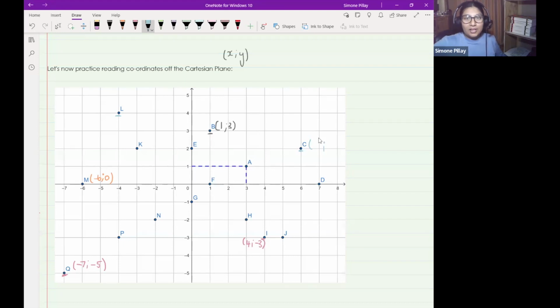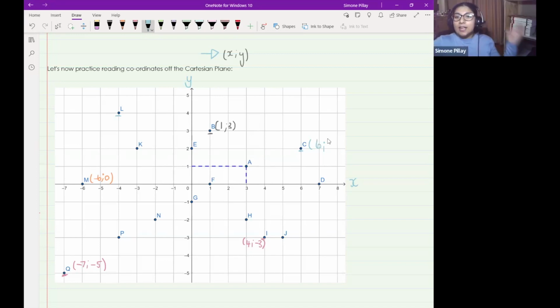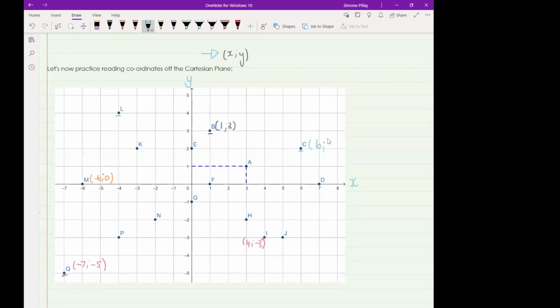Okay, now what I want you to look at, Rory-san, is our format that we're supposed to use. We're supposed to do our X first and then our Y. So remember, this is my X and this is my Y. Try that again for me. You said open brackets, you were correct. Now, what is my X value first? 6. 100%. And then what is my Y value? 2. Thank you very much.